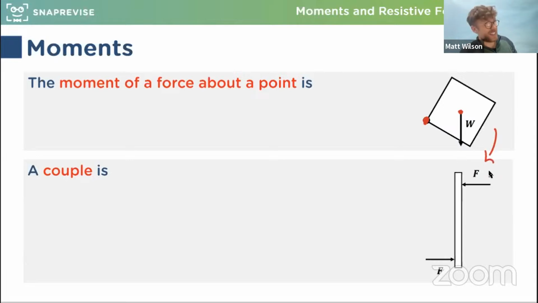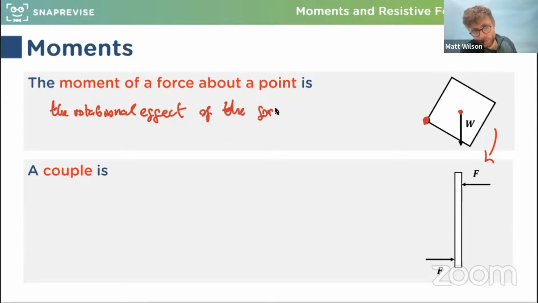And as a result, this force is going to cause it to spin. And the turning effect, the spinning force created by a normal force, is called its moment. So the moment of a force about a point is the rotational effect of the force. That's not a formal thing. That's just intuitive words.